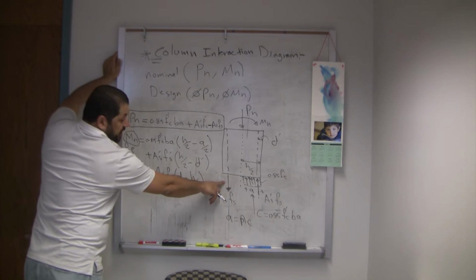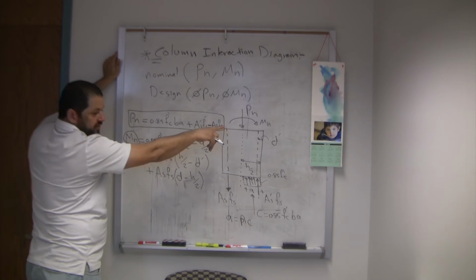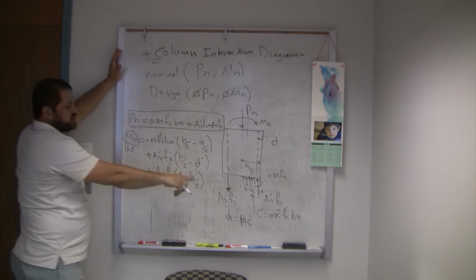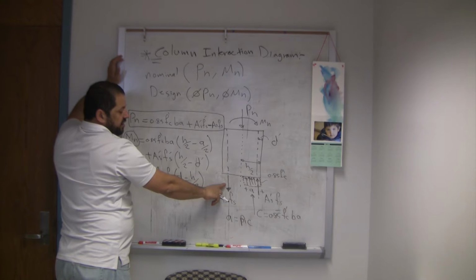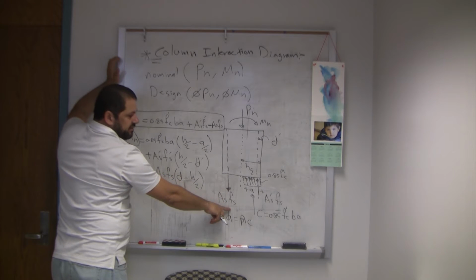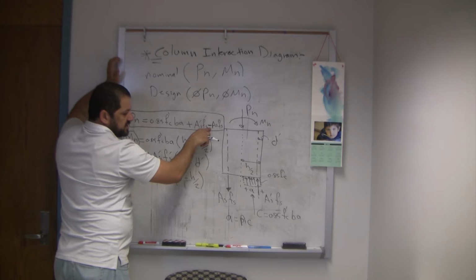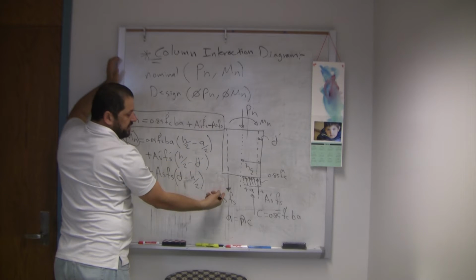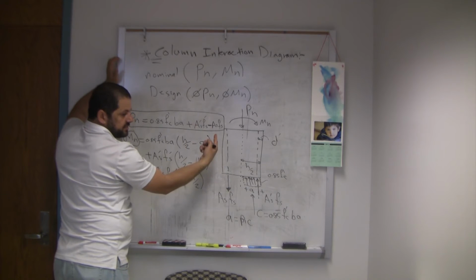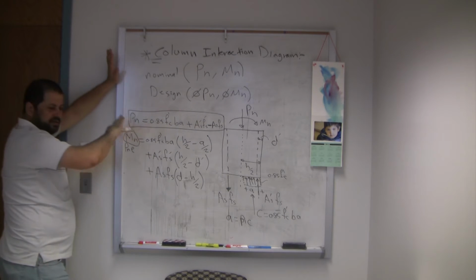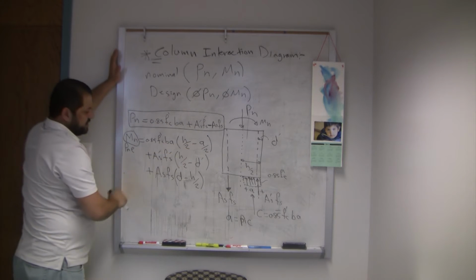This steel also can be in compression. It depends on the magnitude of the moment. If the moment is small, this will be in compression. If this is in compression, you will calculate fs negative. So the sign will take care of that. So it will be up, it will be resistant. So the calculation, the symmetric triangle, will take care of all these values.